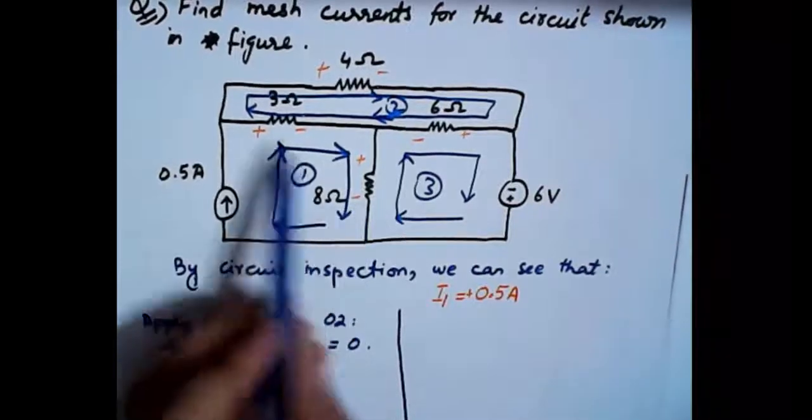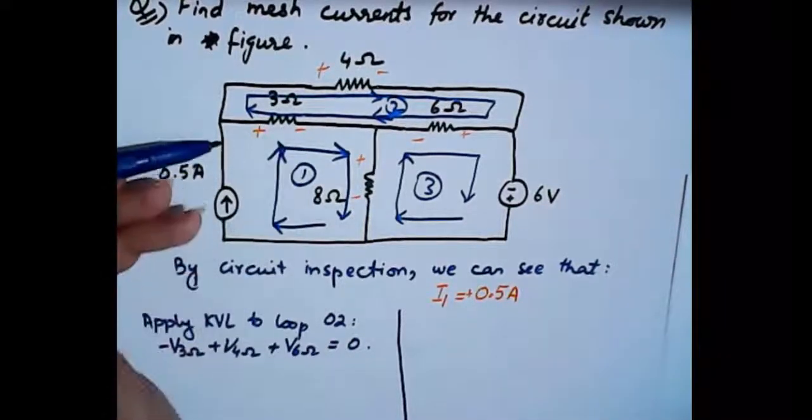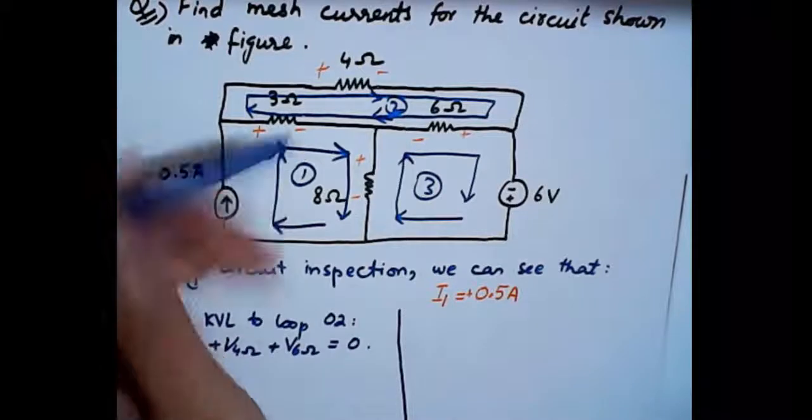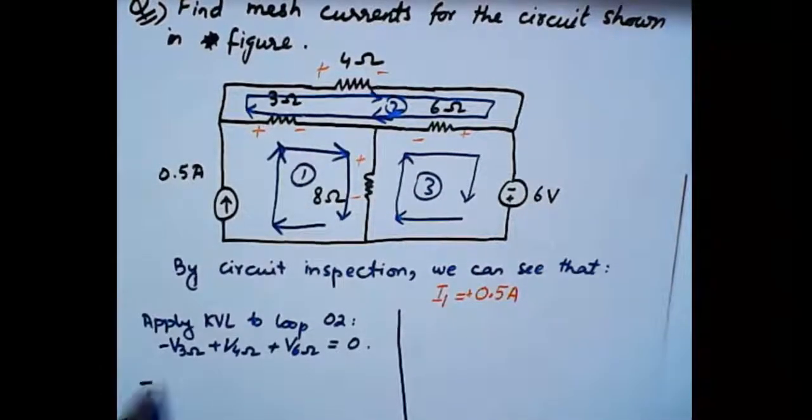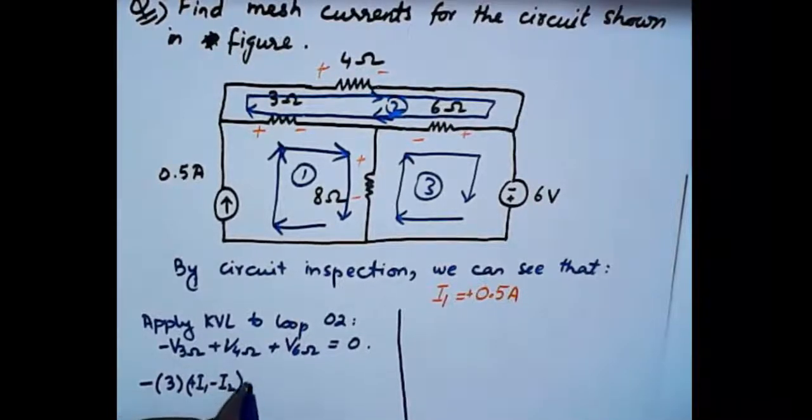When we are talking about the 3 ohm resistance, we can see that I1 current is entering the positive terminal, whereas I2 is entering the negative terminal. So the voltage across this resistance will be the product of 3 ohms, the value of resistance, and I1, or you can also write plus I1 minus I2, right?